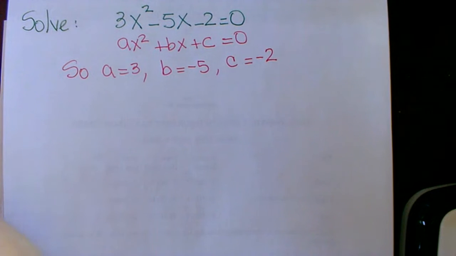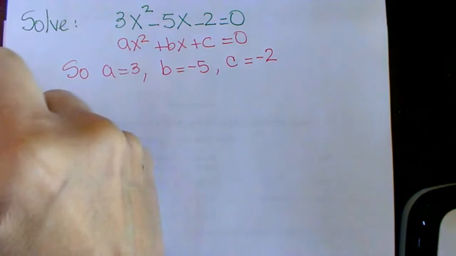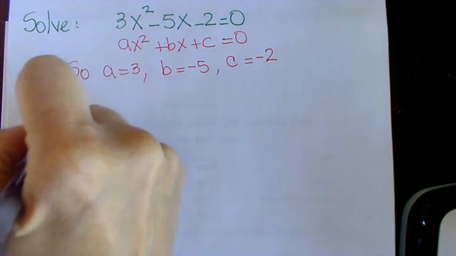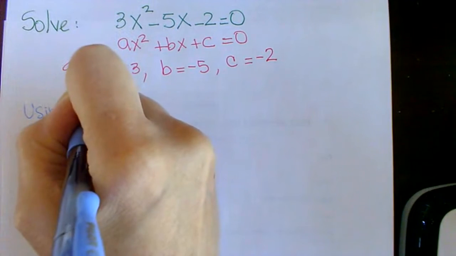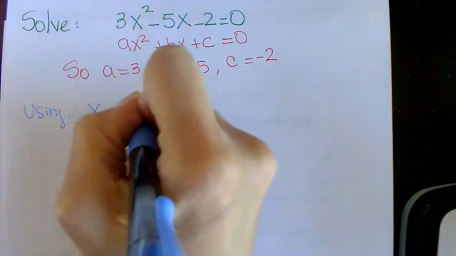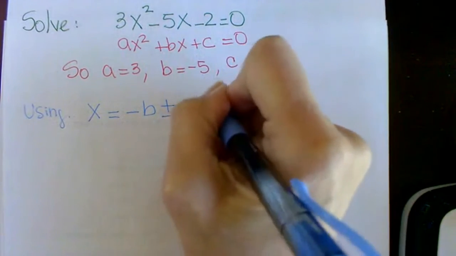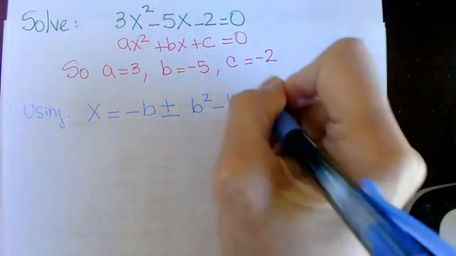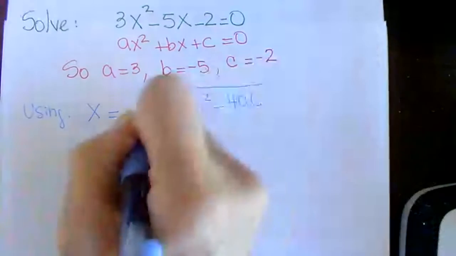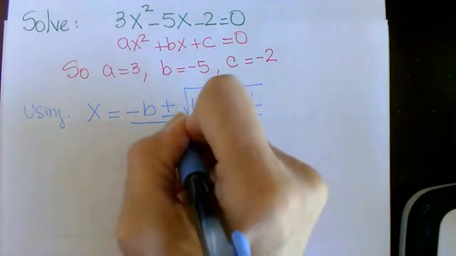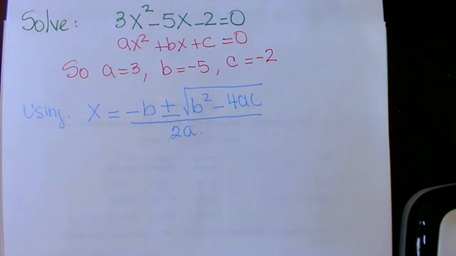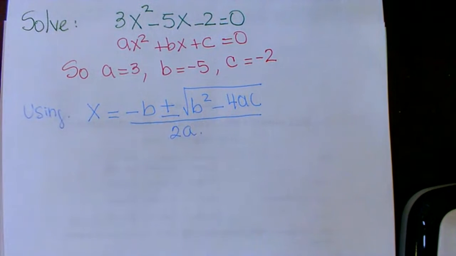We're going to be using the quadratic formula. We just developed the formula, now we're going to be using it. Here is the formula. x is equal to negative b plus or minus the square root of b squared minus 4ac, divided by 2a. That's the quadratic formula.